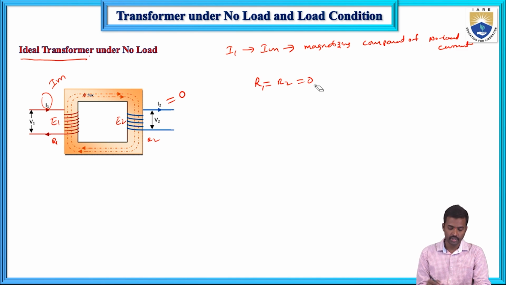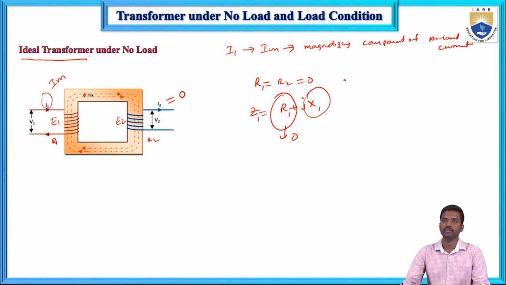Resistance is 0 means impedance Z equals R plus jX, so with primary winding R1 and X1, if resistance is 0 then it is purely inductive, pure reactance. Z1 equals jX1. So it is a pure inductive load, a pure inductive coil.